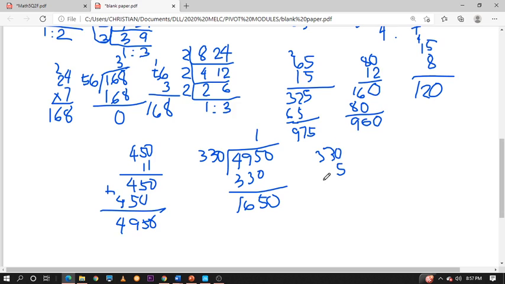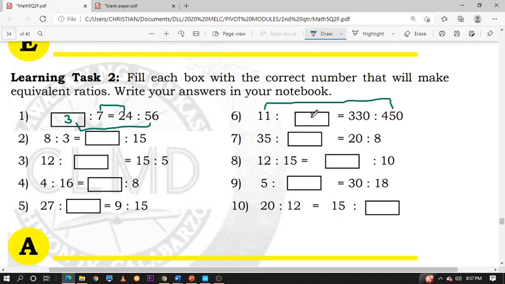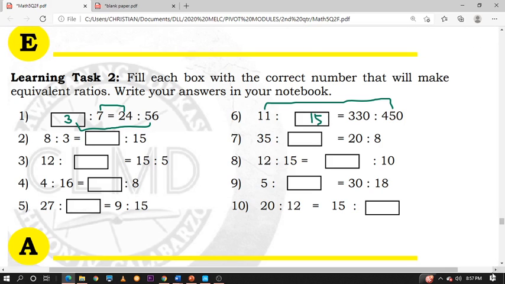So, let's try nga. 3 times 5 is 15. 3 times 5 is 15 plus 1 is 16. Okay, so 5. Okay, so the answer is 15. Okay, so yun lang po ang gagawin natin for the learning task 2.